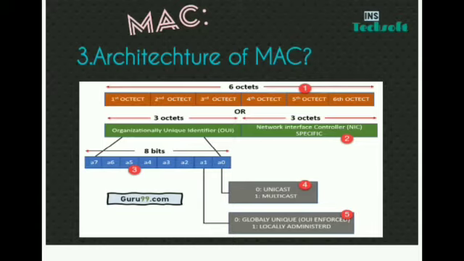The octet contains 8 bits like A0, A1, A2, A3, A4, A5, A6 and A7. In A0 there are 2 values, 0 and 1: 0 indicates unicast, having a unique address of a destination server, and 1 means multicast MAC address of a protocol, data stream or application.